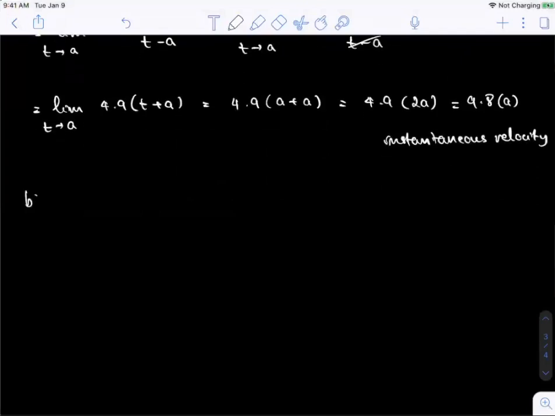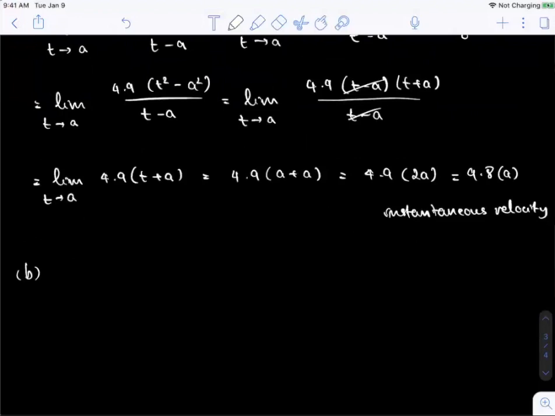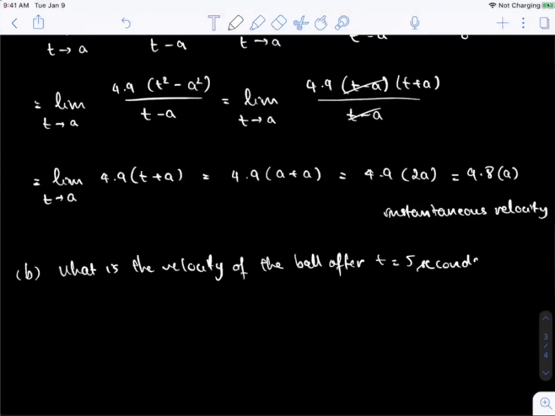So part B, we're going to use the formula we just found for the instantaneous velocity. So what is the velocity of the ball after t equal to 5 seconds? Very simple, right? We already derived the instantaneous velocity after t equal to a seconds.